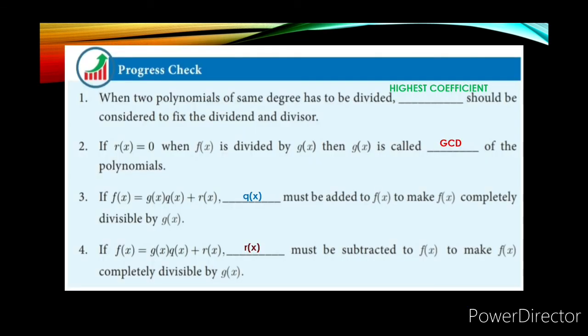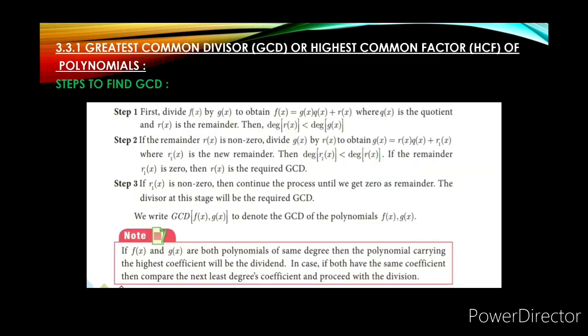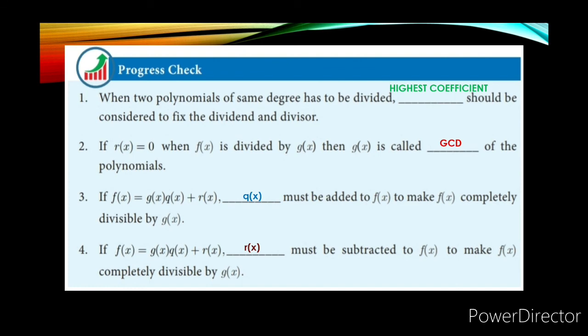Here, if f of x is equal to g of x into q of x plus r of x, dash must be subtracted from f of x to make f of x completely divisible by g of x. So, we have to subtract remainder r of x from f of x to make f of x completely divisible by g of x.